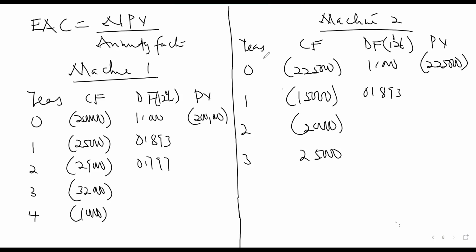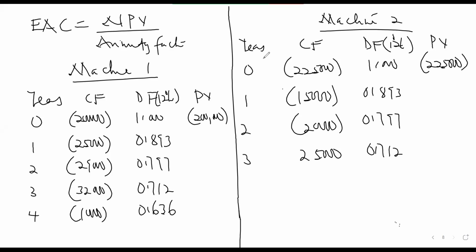Third year is what? 0.712. The fourth year is what? 0.636.